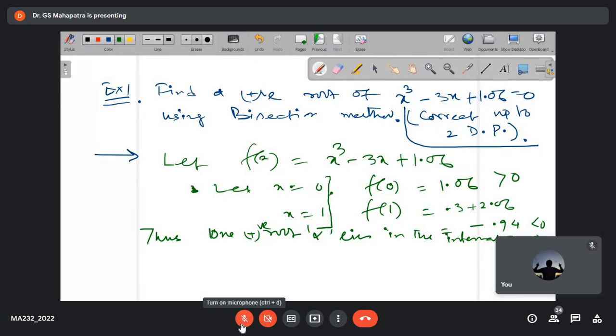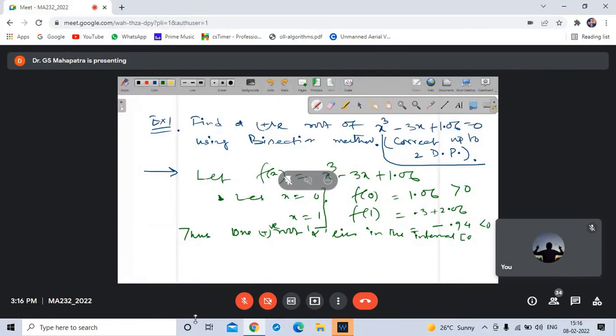It will be better to write in the open interval 0, 1. Fine. Since f of 0 into f of 1 is less than 0. Fine.